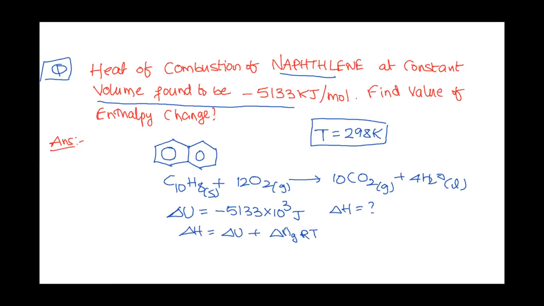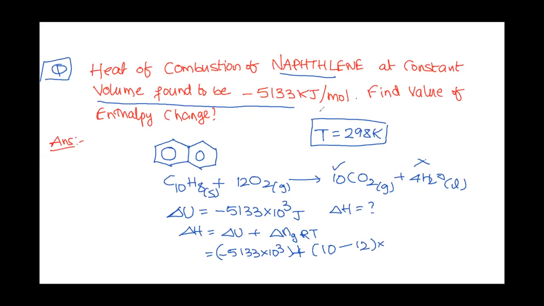So delta U is minus 5133 into 10 to the power of 3 plus Ng, product minus reactant. Don't count this because it is liquid. Count this because it is gas. So 10 minus, and here it will be 12, and here it is solid, so don't count.